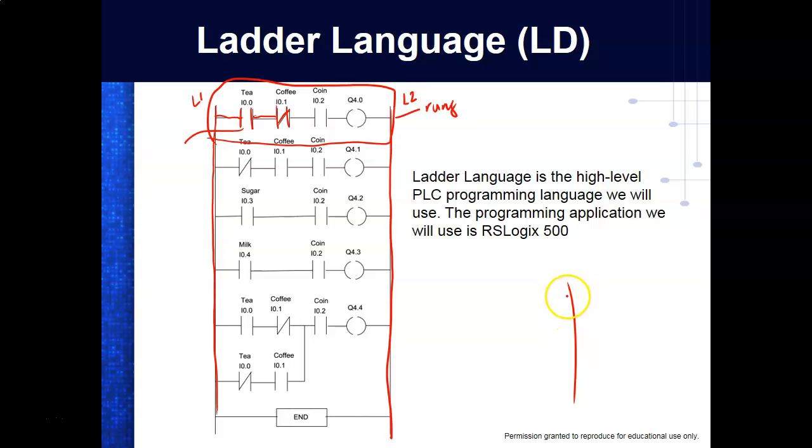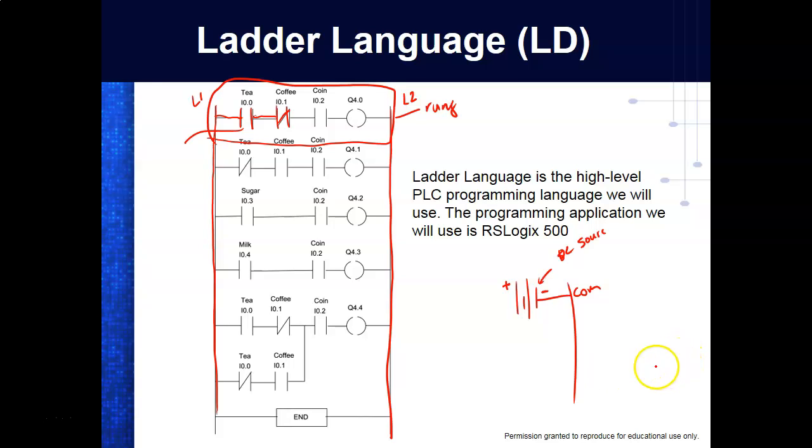On my PLC, I'd have a common, and then I would come over here and hook it up this way. By the way, this is the symbol for a DC source. The little line represents the negative, and the long line represents the positive.